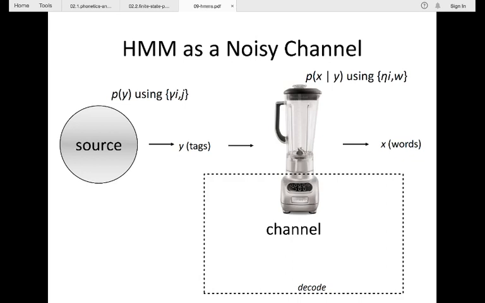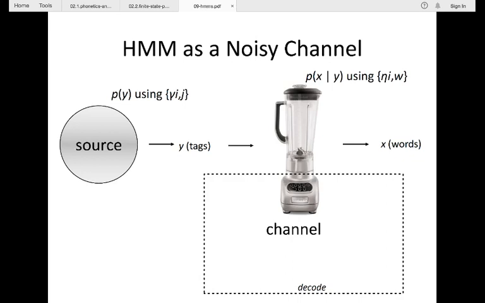So an HMM works like the noisy channel model. So like other things that we apply the noisy channel model to, you're multiplying two probabilities. You're looking at the product of two probabilities.